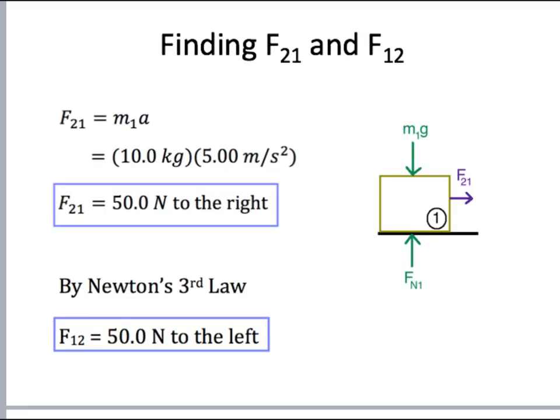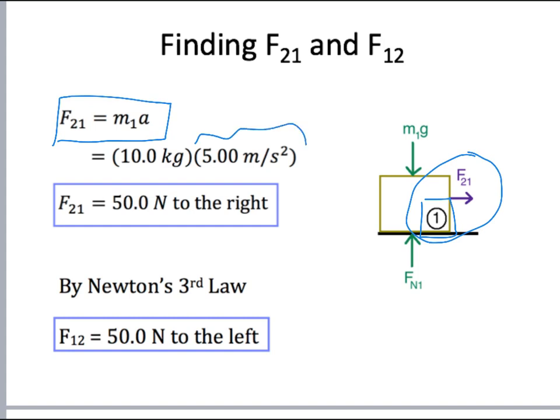If we look at block 1, we know that in the horizontal direction there's only one force, F21, and F21 is equal to M1 times A. That's the mass of block 1 times the acceleration we just calculated to be 5 meters per second squared. So if I plug it in, there's going to be a 50 Newton force to the right, and that's F21.